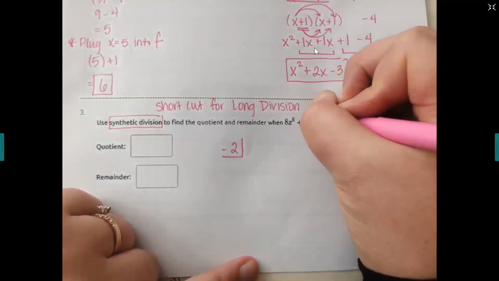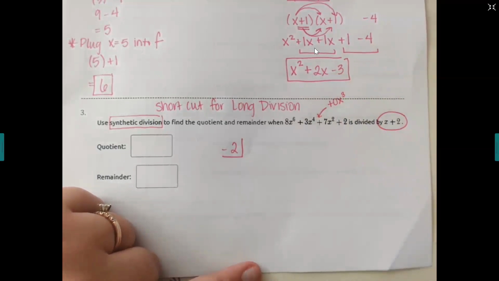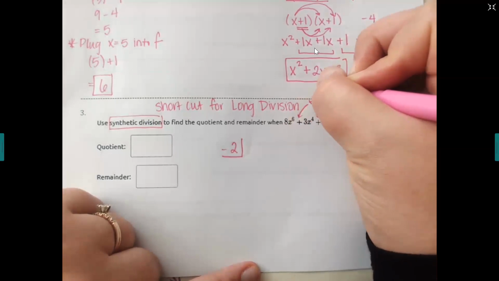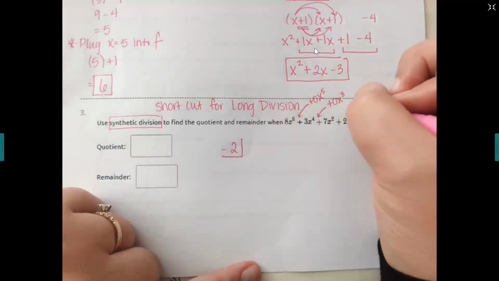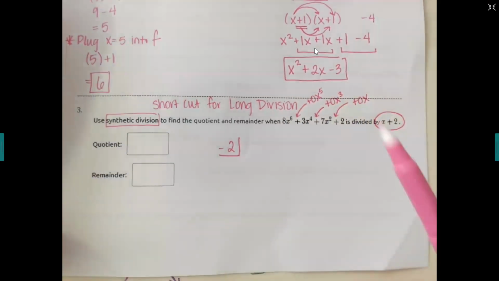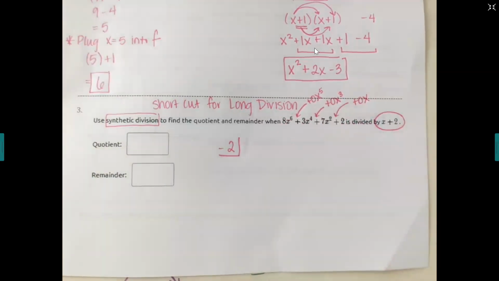That's correct. Any other skips? x5 is missing. And then there should be one more. Regular x is also missing. So it has to go x6, x5, x4, x3, x2. You're not allowed to have all these little skips.